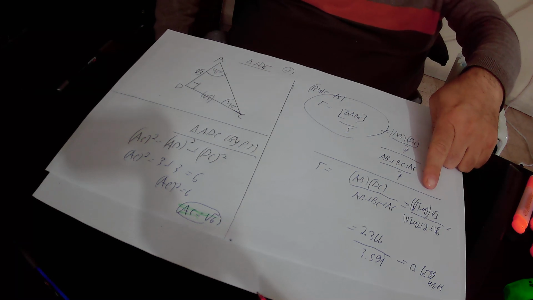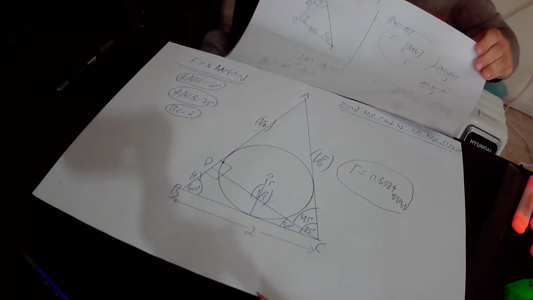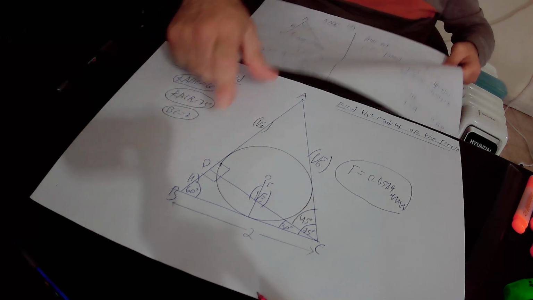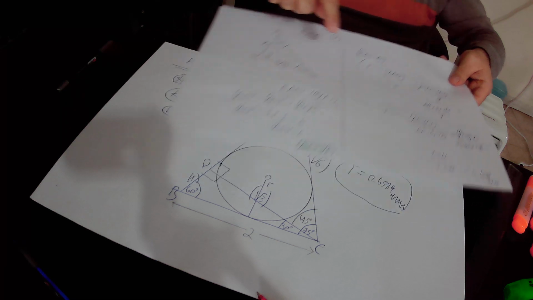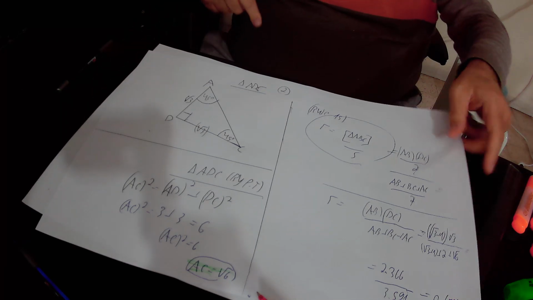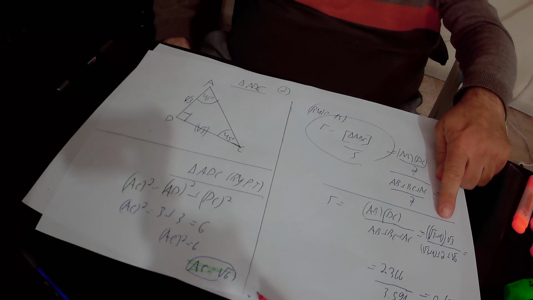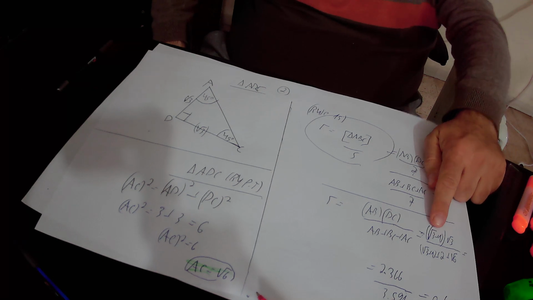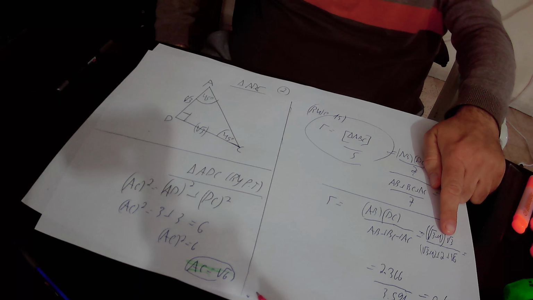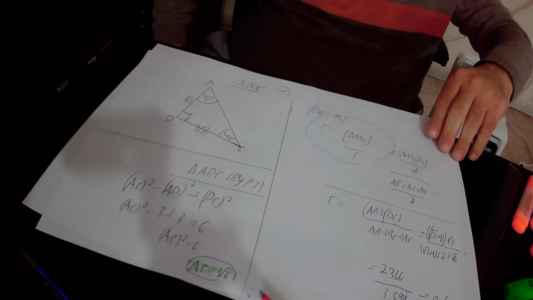AB equals the square root of 3 plus 1 units in length, times DC. DC equals the square root of 3 units. So it is the square root of 3 plus 1, that is AB, times the square root of 3, that is DC, divided by AB, that is the square root of 3 plus 1, plus BC, that is 2, plus AC, that is the square root of 6 units.